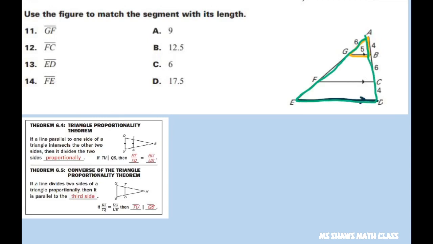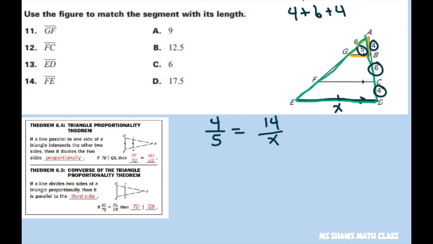So again, we're going to start with 4 is to 5 as, and our unknown is this X here. But you have to add these numbers up. So that's going to be 14 is to X, because this is going to be 4 plus 6 plus 4. All right, I'm going to flip this around again using my reciprocal property of proportions. Just makes it a little easier.